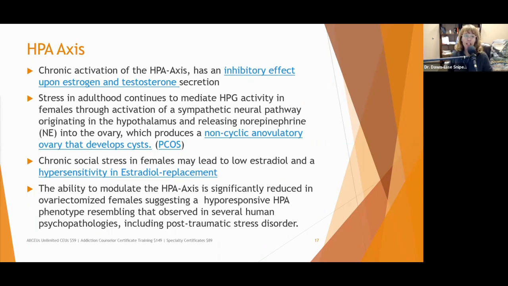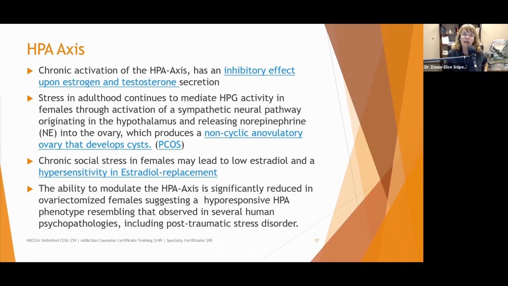The ability to modulate the HPA axis, to ramp it up when it needs to be and to tone it down when the threat is gone, is significantly reduced in ovariectomized females, so people who've had their ovaries removed, suggesting a hyporesponsive HPA phenotype resembling that observed in several human psychopathologies, including PTSD.